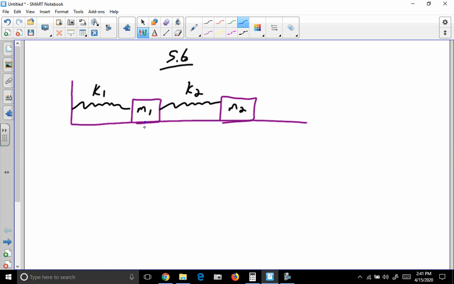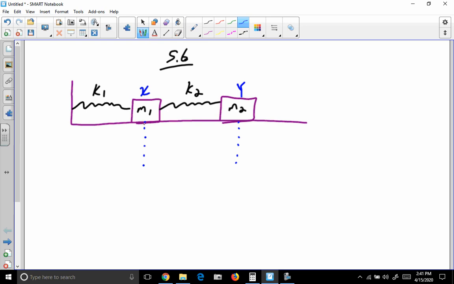To do so, we need to define a measuring system. So we're going to describe the position of this mass as x and this one as y. In this case, x is not horizontal and y vertical. They're both horizontal. They just have different positions.